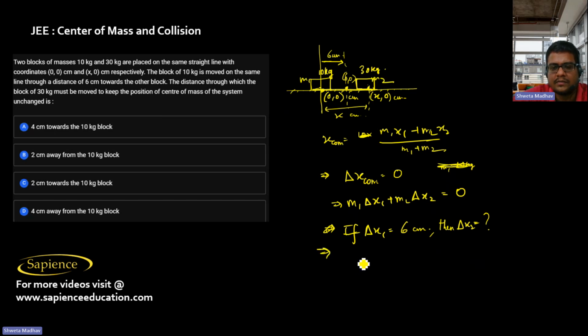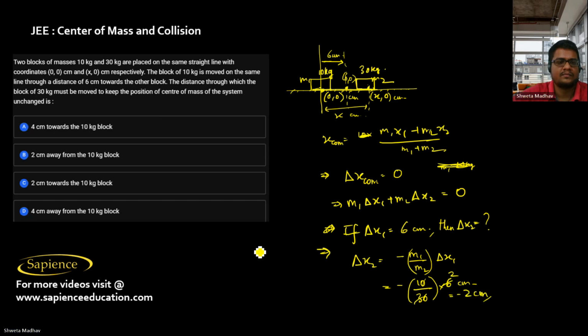So I can say delta x2 will be equal to minus of M1 by M2 into delta x1. So that will be minus of 10 kg by 30 kg into 6 centimeters. 3 into 2 is 6. So minus 2 centimeter.